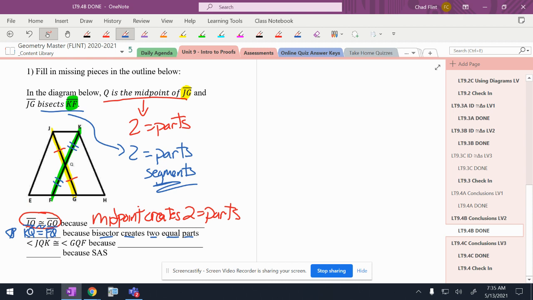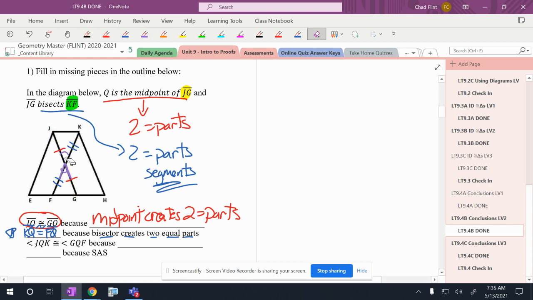And then the next thing was to look for vertical angles or reflexive property. And hopefully what you're seeing is right here in the middle, I have an X, which means I have vertical angles there and there. All right, and then it says JKQ. JKQ is this angle. JQK is this angle right here.